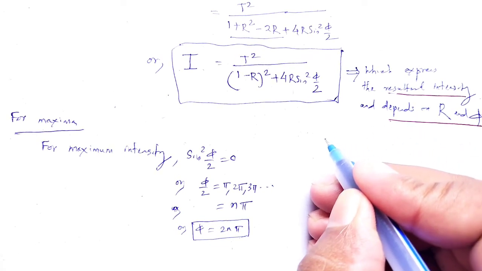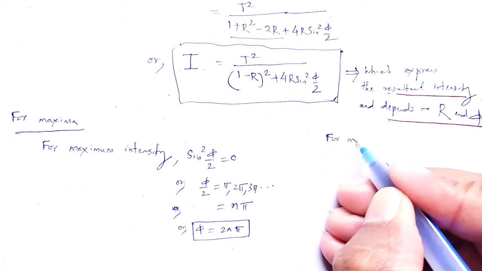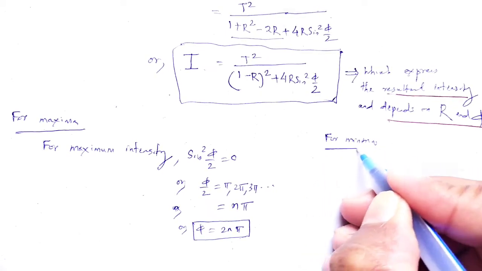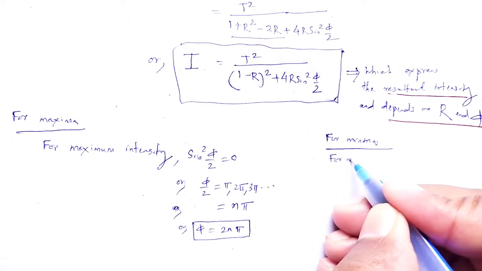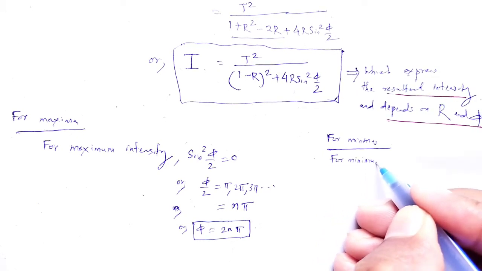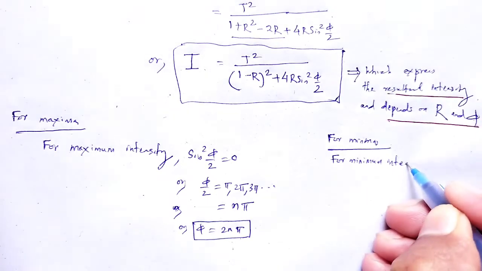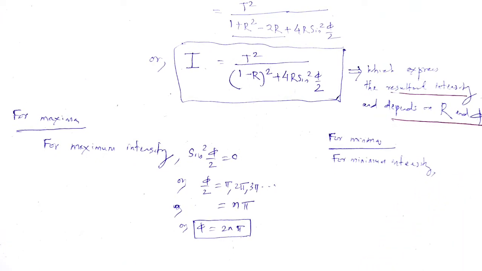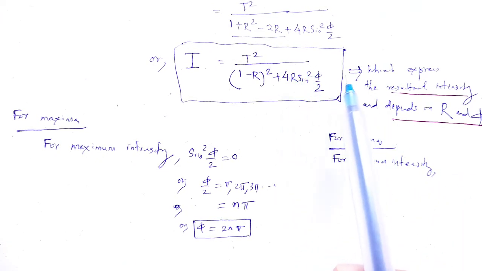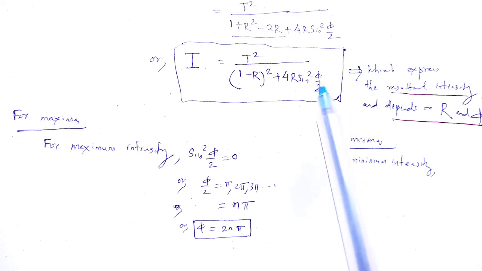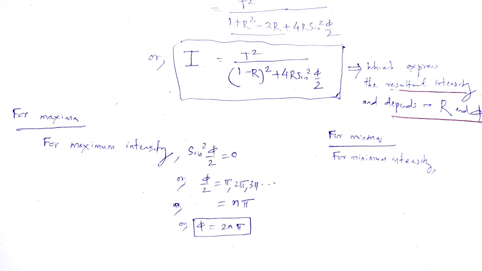Then for the minimum condition, for minimum intensity, the denominator must be maximum. The maximum value of sin is 1.